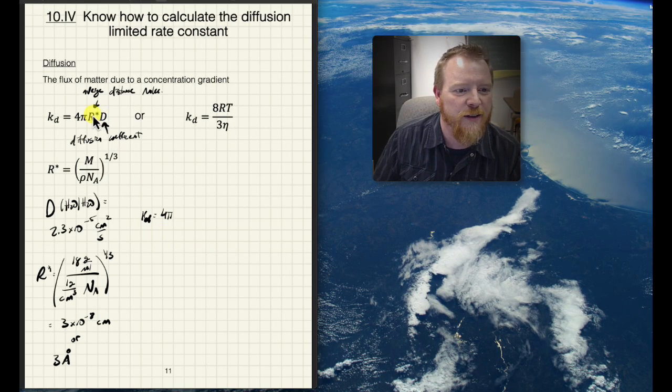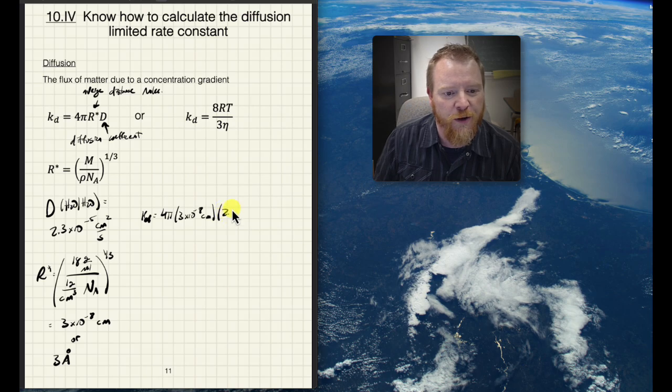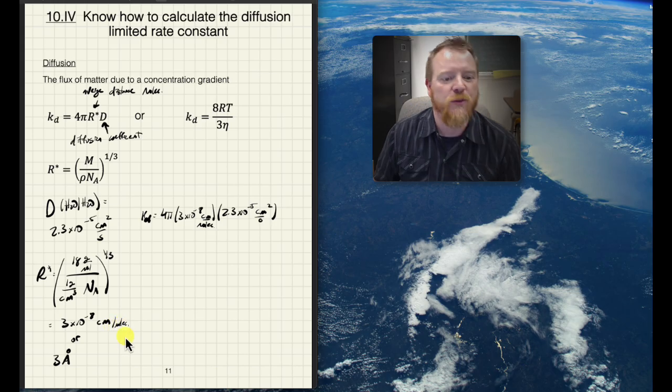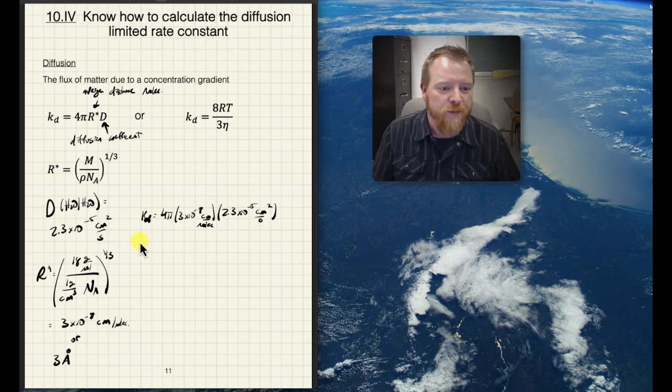That's not the gas phase R, that's the gas constant R. Okay, so we're going to use here 3 times 10 to the minus 8 centimeters. And then the diffusion coefficient of water, 2.3 times 10 to the minus 5 centimeters squared per second. And I suppose technically that's a centimeter per molecule, right? Like the average distance between each molecule.